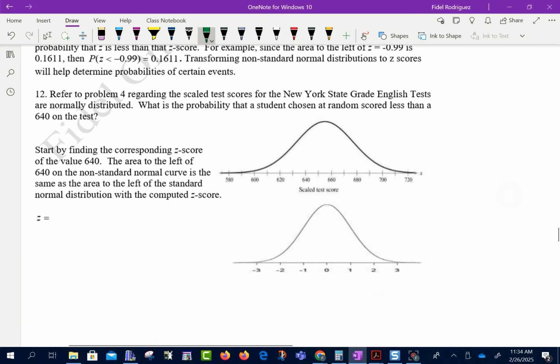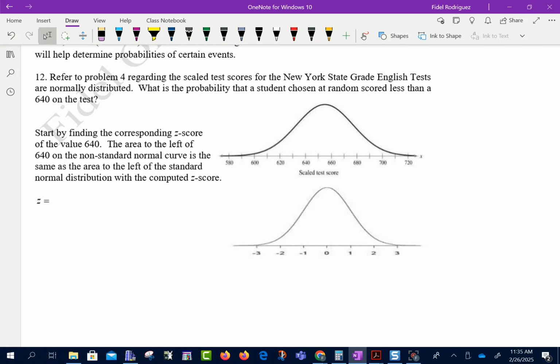Okay. So y'all, let's take a look at the next problem here. It says, refer to problem 4 with the scale test scores for the New York grade English tests. What's the probability that a student chosen at random has a score of less than 640? If you remember when we did this problem earlier today, my mu was a 655, and I believe we said our sigma was something like a 20.